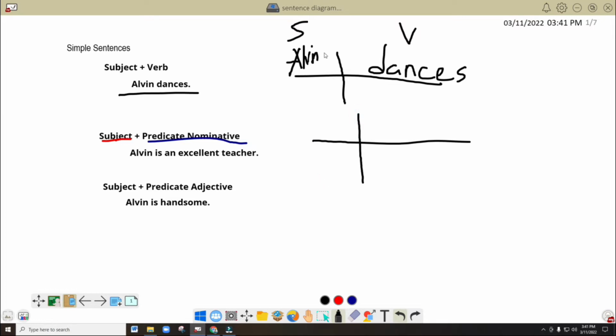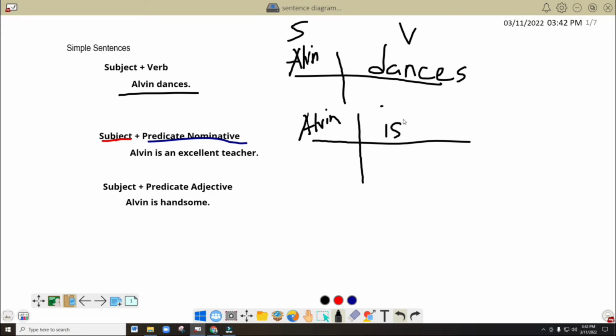Here, we start with the subject, and in here we put the verb. The first thing you have to look for is the subject. We got the same subject, Alvin. Then, what's the verb here? The verb is "is." We don't have other verbs in here. Whether it's a linking verb or an action verb, they are still verbs, so we just put the verb in here.